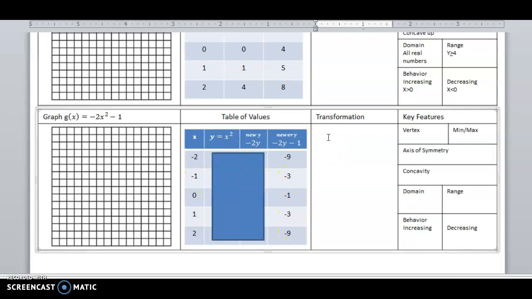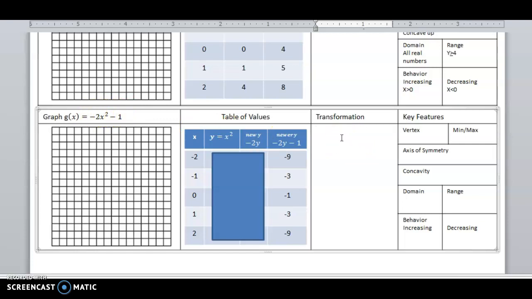So now let's describe the transformation. Again, I'm going to describe this in two ways, and the first one is by just describing the effect of negative 1 on the function negative 2x squared.